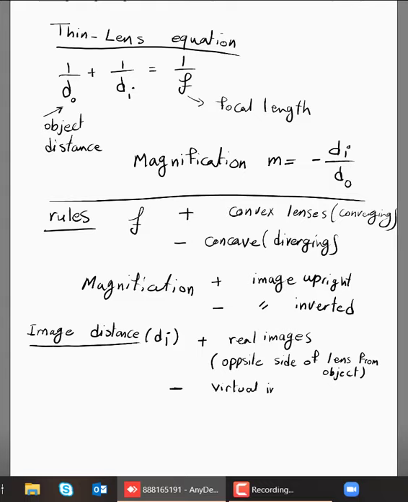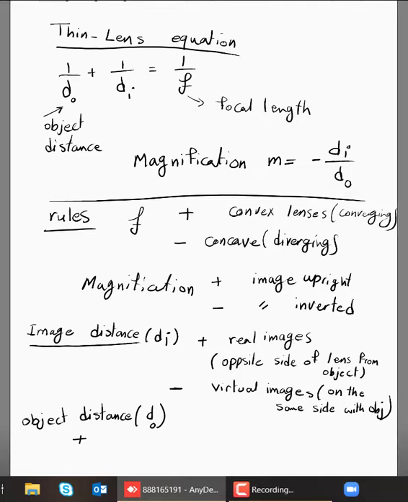Now, virtual images are the ones that are on the same side of the lens as the object. Last one is the object distance, or DO.